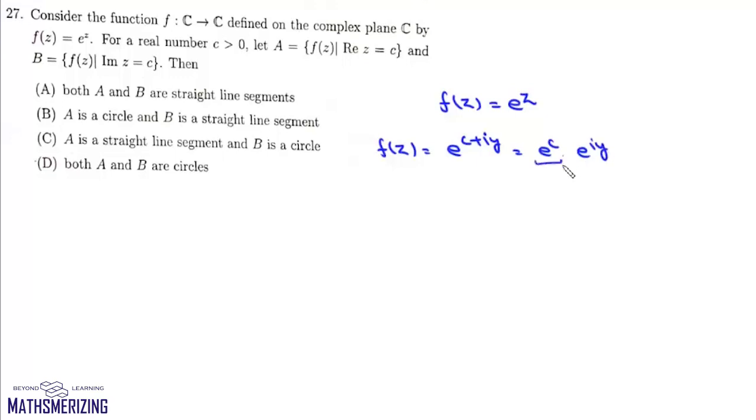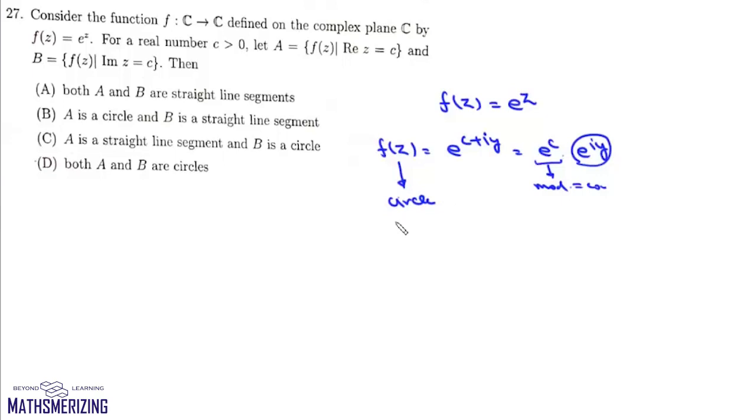Now in this case, its modulus is constant and its argument is going to vary. Now if modulus is constant and argument varies continuously, that means this set will be a circle.